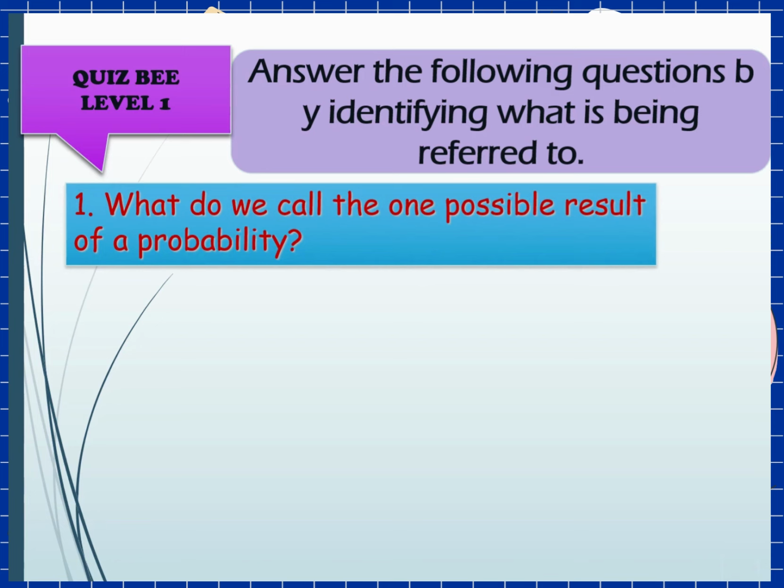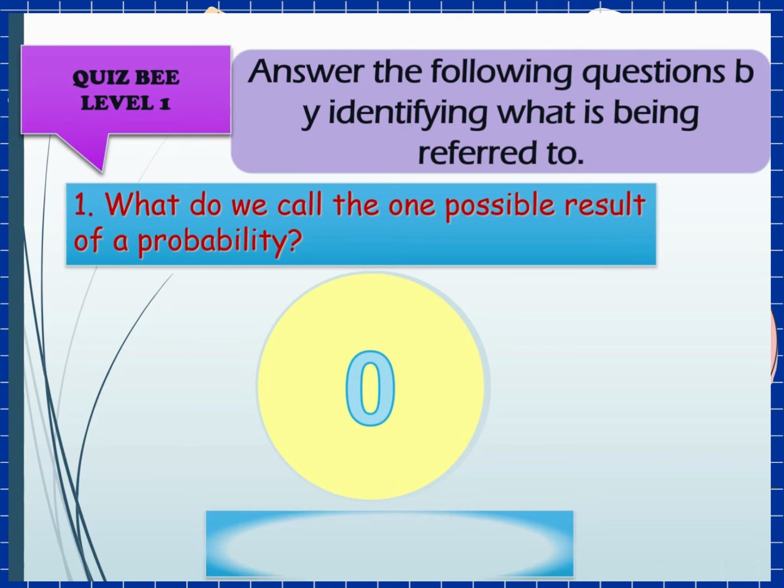What do we call the one possible result of a probability? Your time starts now. The correct answer is outcome.